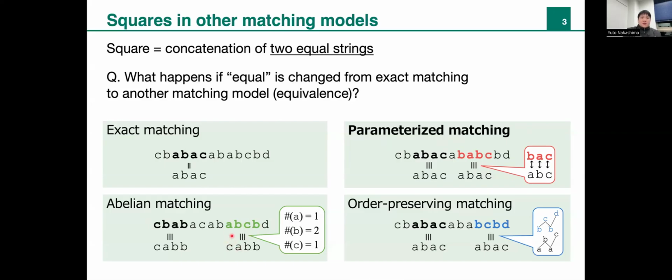In this example, this substring of length 4 has 1 A, 2 Bs, and 1 C. This CABB also has 1 A, 2 Bs, and 1 C, so these are Abelian equivalent. In order-preserving matching, two strings are equivalent if the sequences of ranks of each character are the same, like this. In this talk, we focus on parameterized matching.